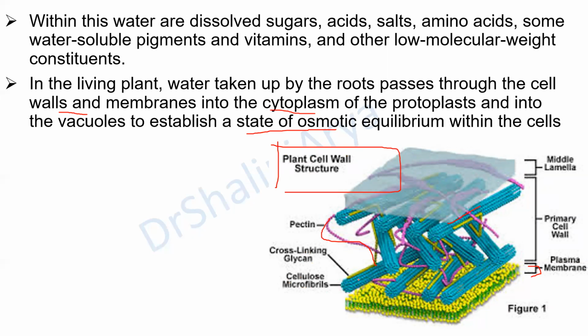So basically, the osmotic pressure within the cell vacuoles and within the protoplast pushes the protoplast against this cell wall and causes it to stretch slightly, because there is a lot of pressure buildup, because these molecules also absorb the water. And according to the vegetable or fruit, the elastic property of this cell wall would vary.